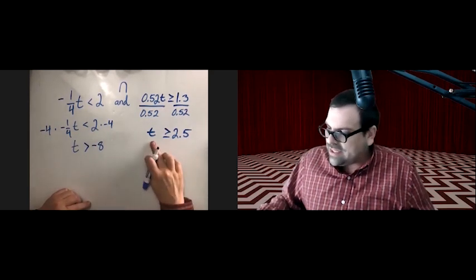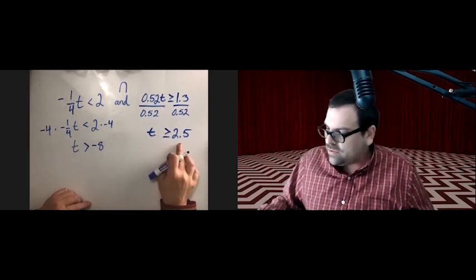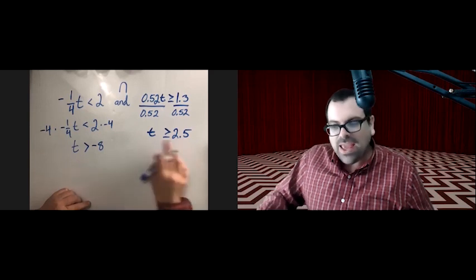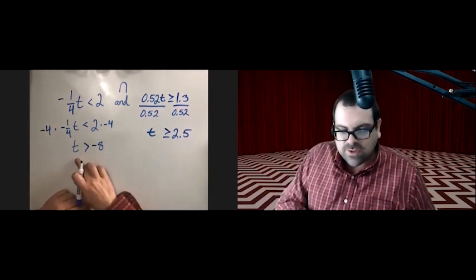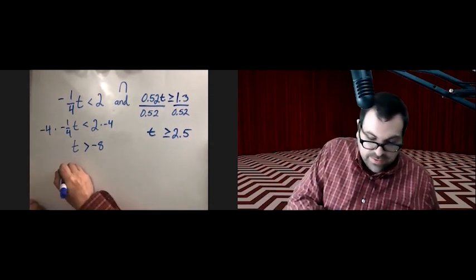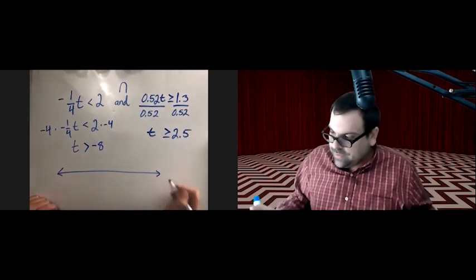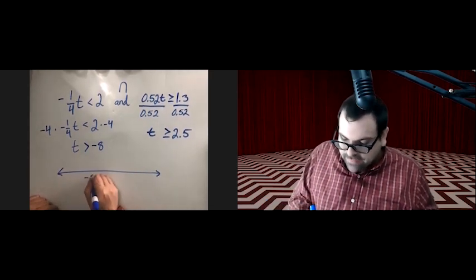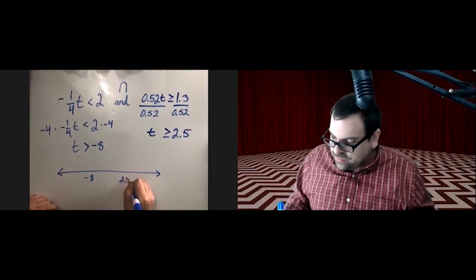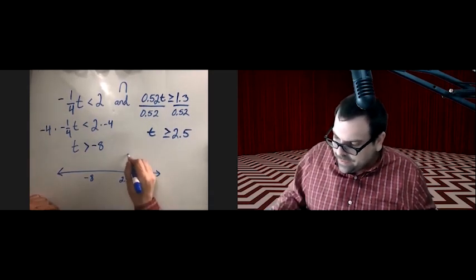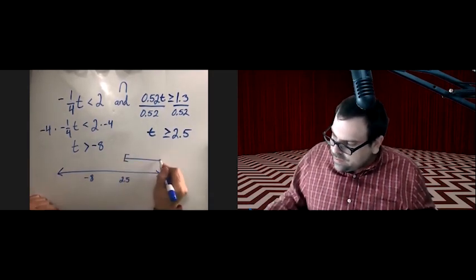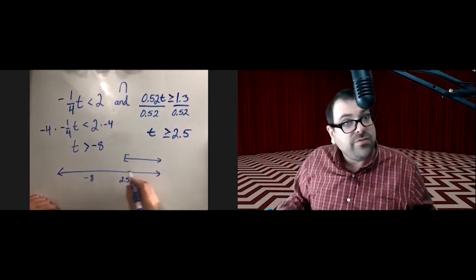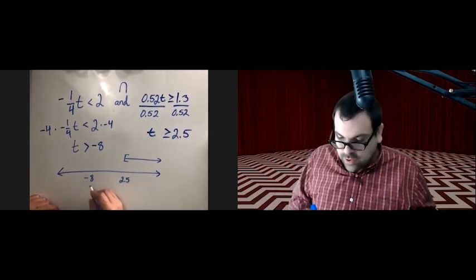So we have t is greater than or equal to 2.5, and t is greater than -8. So if we had -8 and positive 2.5, greater than or equal to 2.5 would be that.